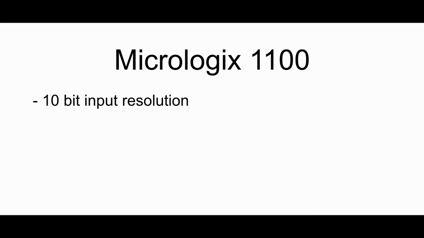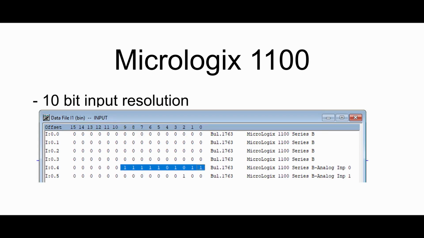Now, on those 2 inputs, each one of them has an input word in your input data file. And it's going to utilize 10 bits of that word to give you a value, hence the 10-bit input resolution. That's what that means. So if you look at this table that I put on here, this is from the input data file, and you can see here input 0.4 and input 0.5.